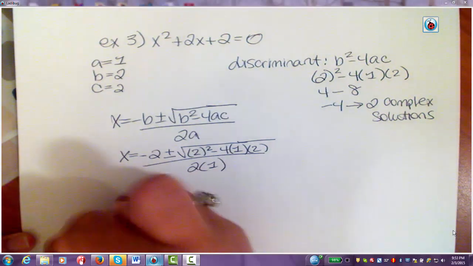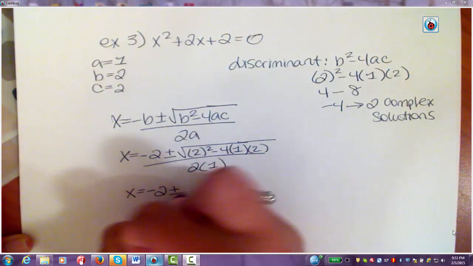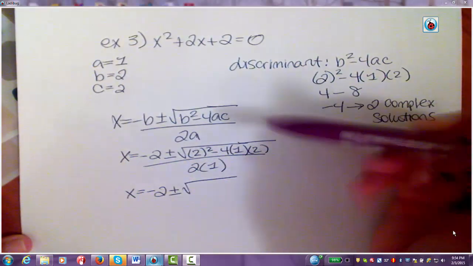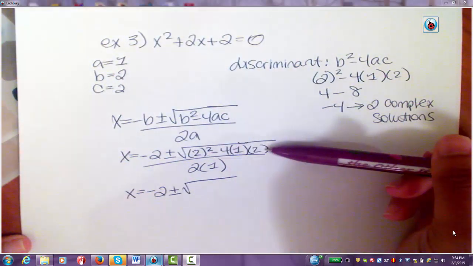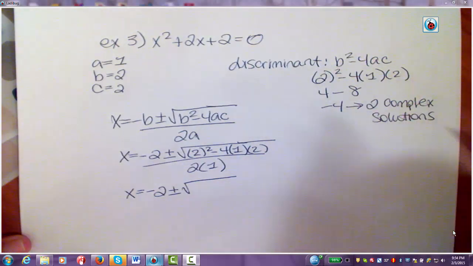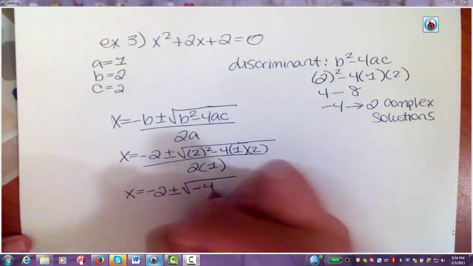Alright, let's simplify. So x equals negative 2 plus or minus the square root. And then remember, what's under the radical is your discriminant, which we found to be negative 4. So negative 2 plus or minus the square root of negative 4 over 2.